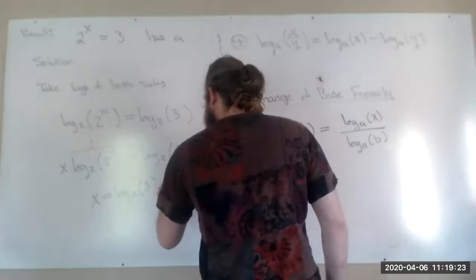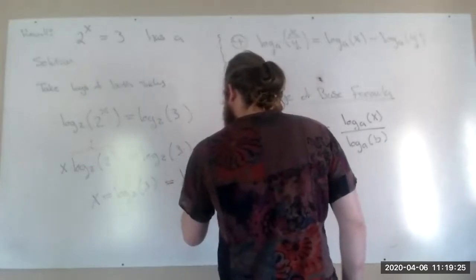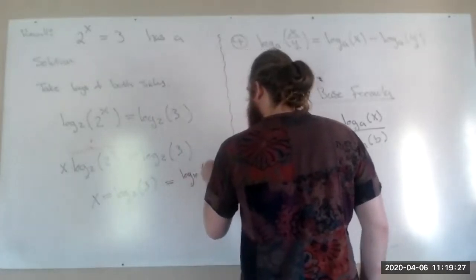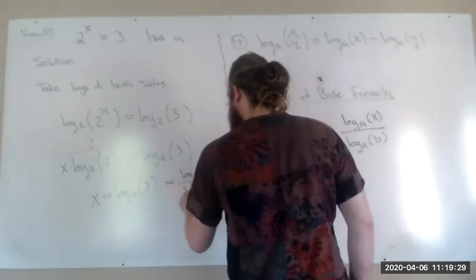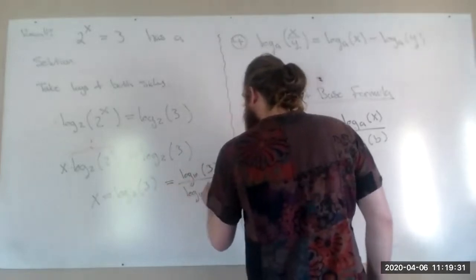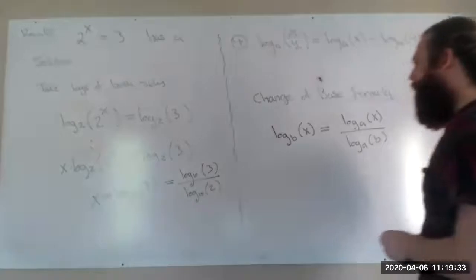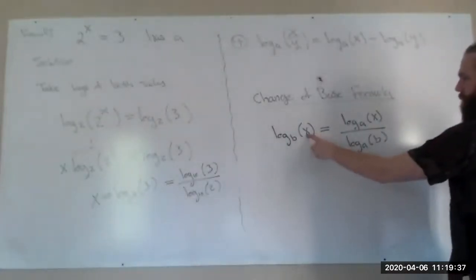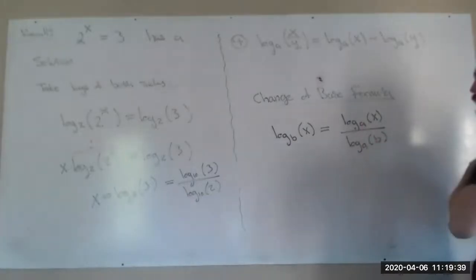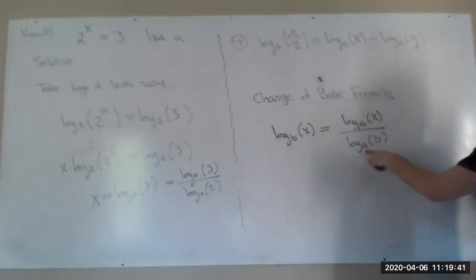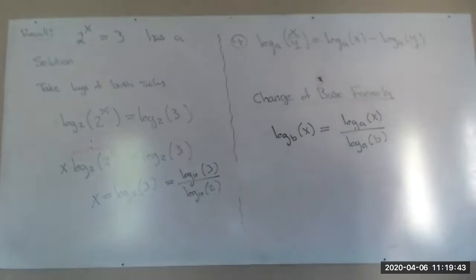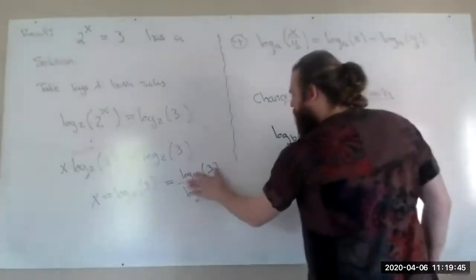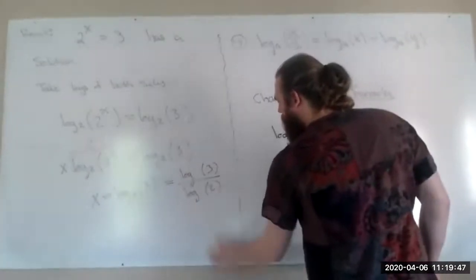I can write this as log base 10 of 3 over log base 10 of 2. In other words, here b is 2, x is 3, and I choose a equals 10. Because I have a base 10 log button on my calculator, it just doesn't have the 10 written. That's the common log, the log.